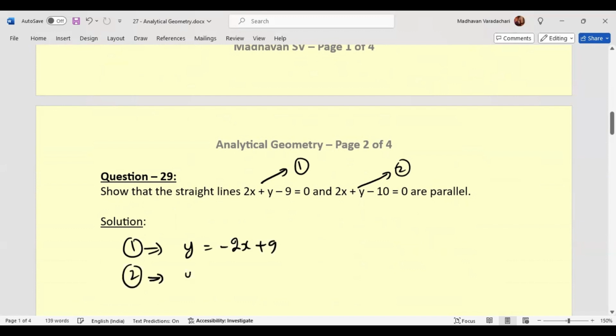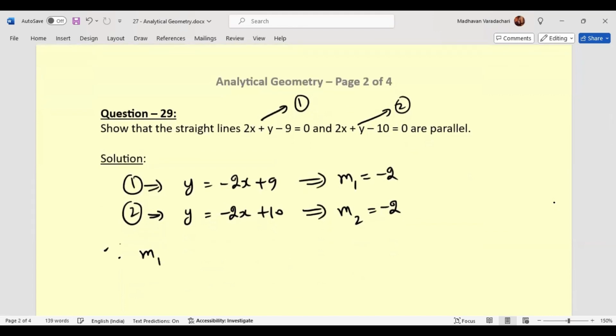Second equation can be rewritten as y equal to minus 2x plus 10. So this implies that our slope for the first line, we will call it as m1, is minus 2. Slope for the second line, we'll call it as m2, that is negative 2.